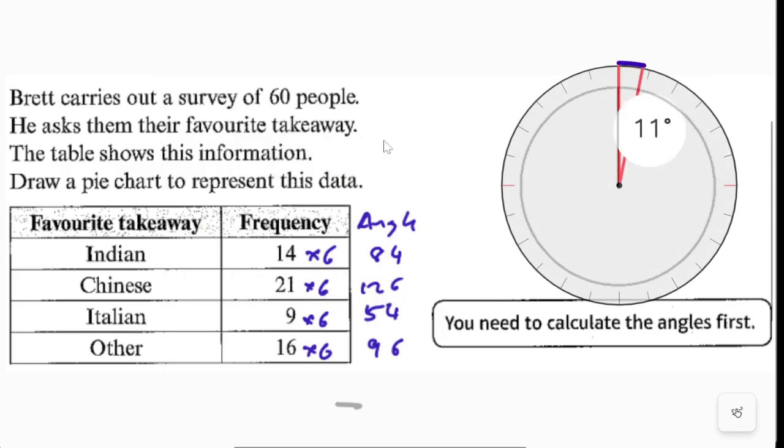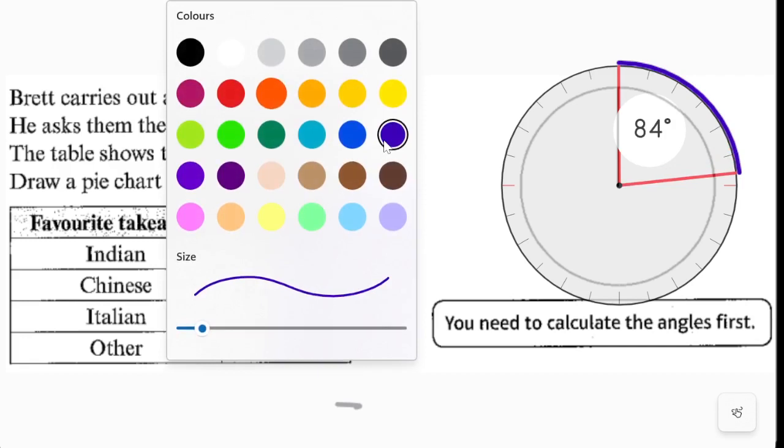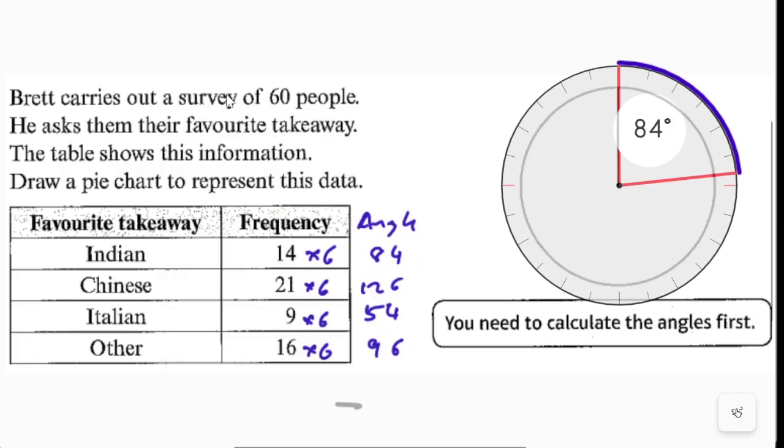So my first one is 84. So I'm measuring 84 degrees. I'll change colour now. And I'm measuring 126.